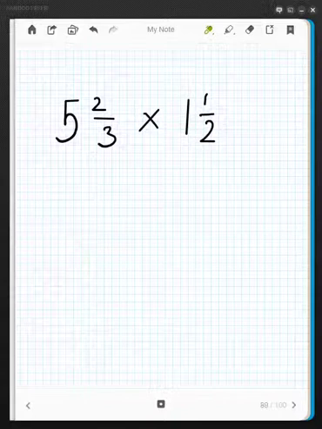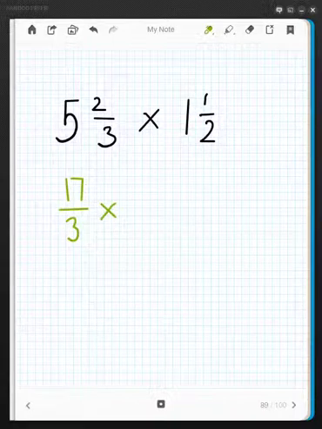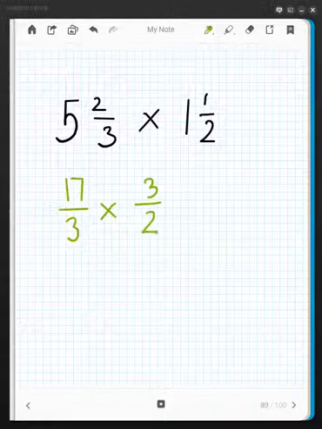Okay, hopefully you've had time to do this now and you have your answer. So let's do it together. 5 times 3 is 15, plus 2, 17. And those are thirds. Multiplied by 2 times 1 plus 1, which is 3 halves. Now we have canceling. There's a 3 in common here, so I'll cancel out those 3's, leaving 1's.